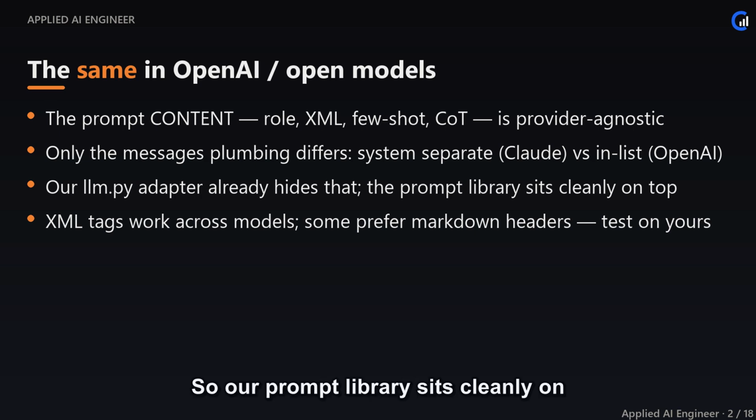So our prompt library sits cleanly on top of any provider. One small caveat: XML tags are reliably strong with Claude, while some other models lean toward markdown headers, so when you swap, retest your prompts on the new model.